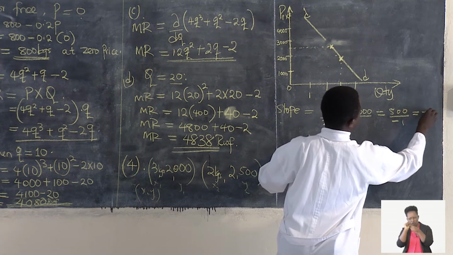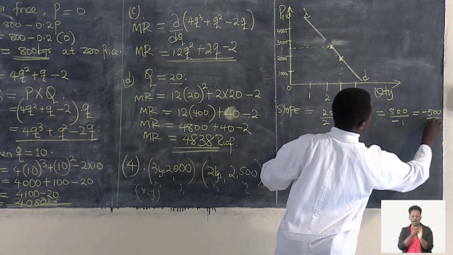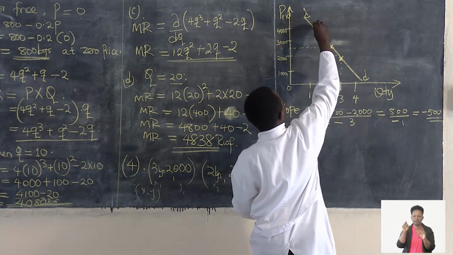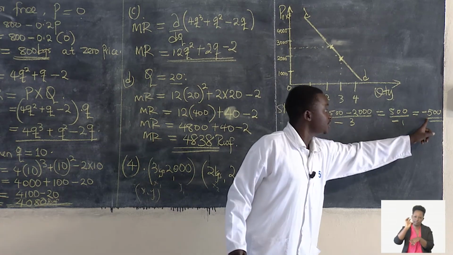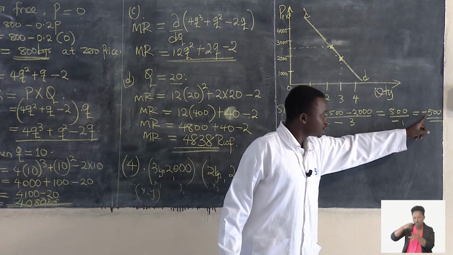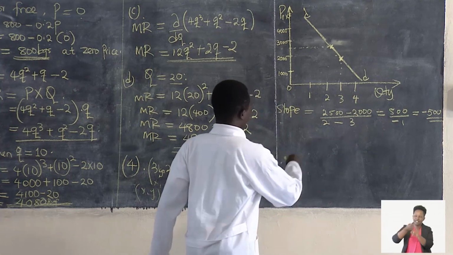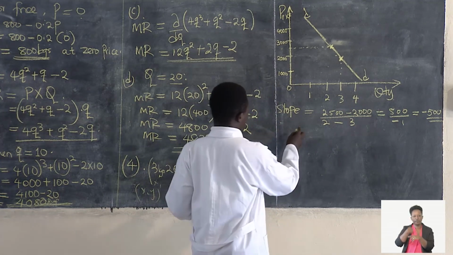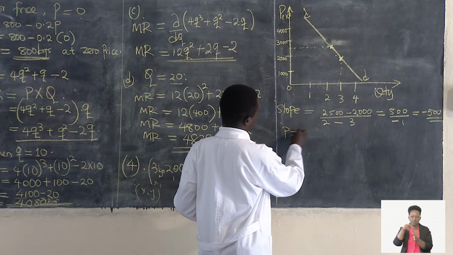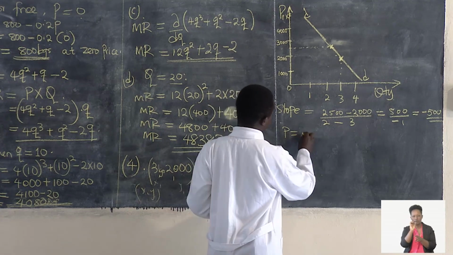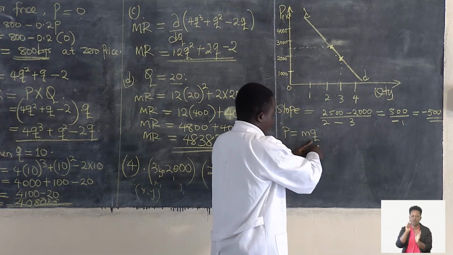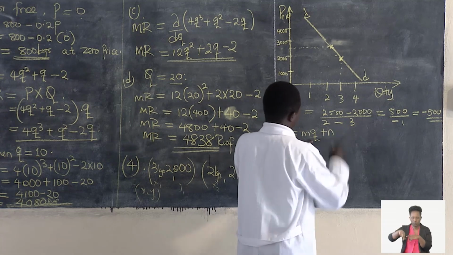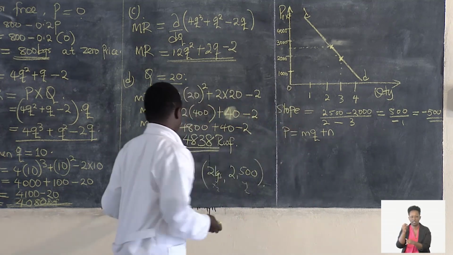So our slope is negative, as you can see. That's why our gradient here is negative. You must get a negative. Then from there, we can write the general equation of a line, price equals the gradient m times quantity demanded plus any constant n. We can use any pair here.